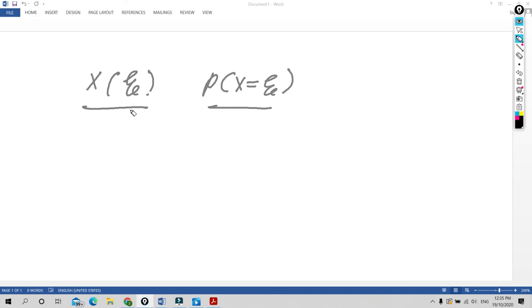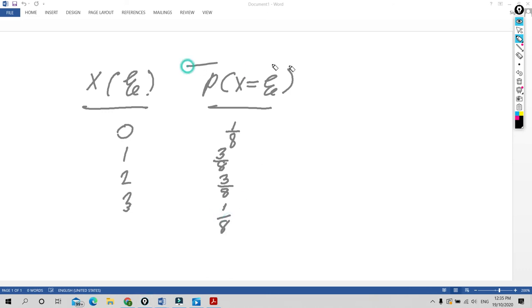We start with 0 heads, 1 head, 2 heads, and 3 heads. You cannot have 4 heads because the maximum is 3 heads. The probability for 0 heads is 1 over 8, 1 head is 3 over 8, 2 heads is 3 over 8, and 3 heads is 1 over 8.